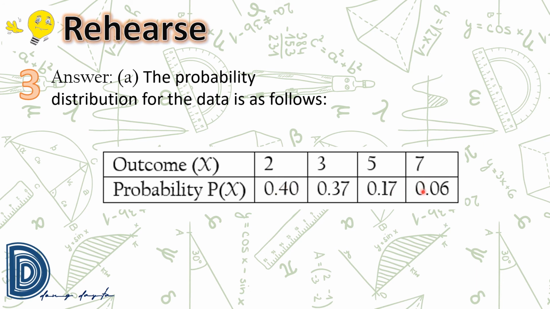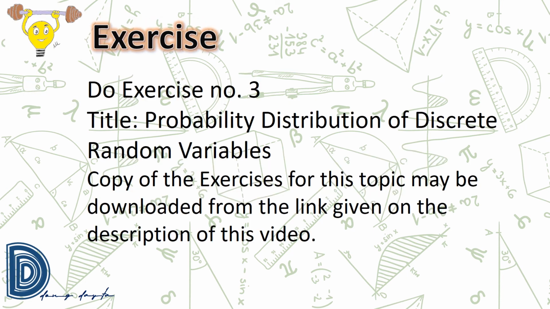The sum of the probabilities must be equal to 1. 0.4 plus 0.37 is 0.77, plus 0.17 is 0.94, plus 0.06, that is equal to 1. There is no negative probability in here, and there is no probability that exceeds 1. Therefore, our probability distribution is correct.